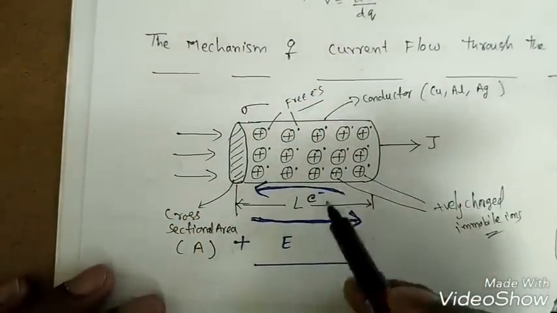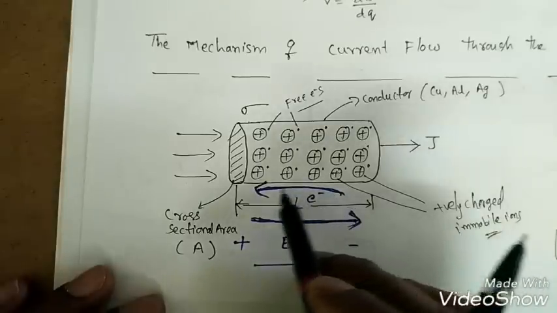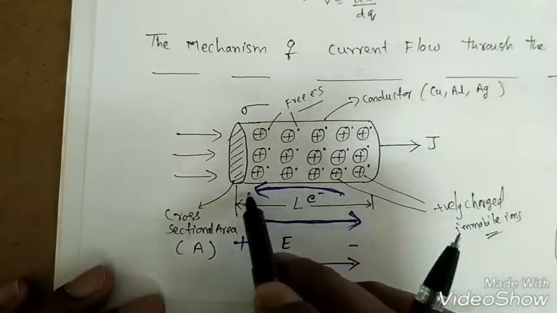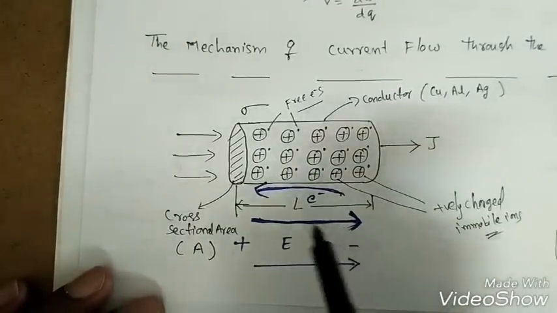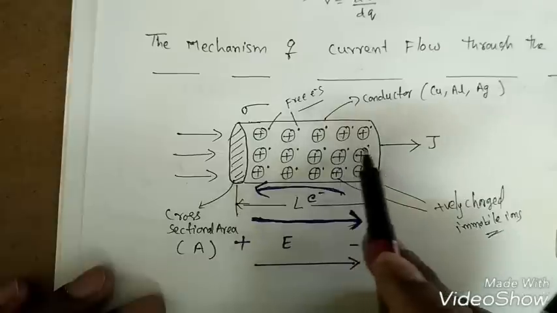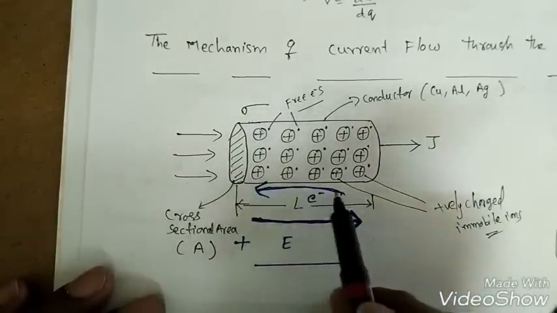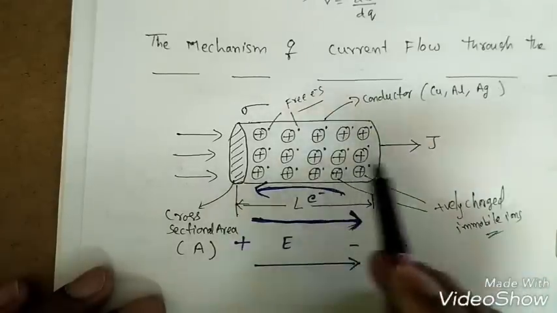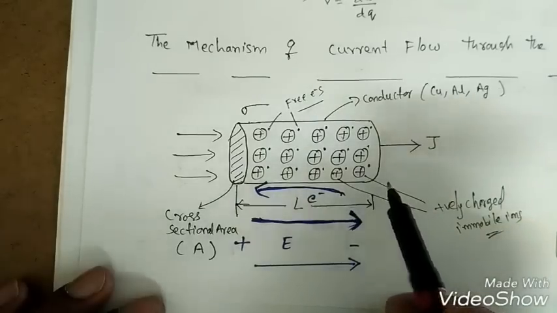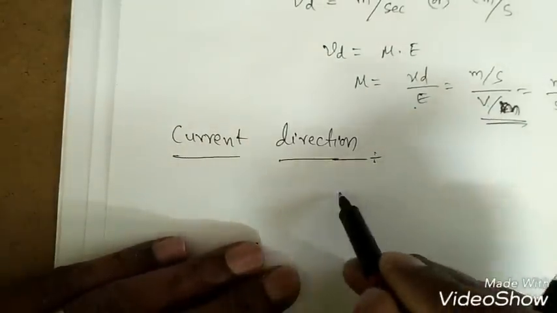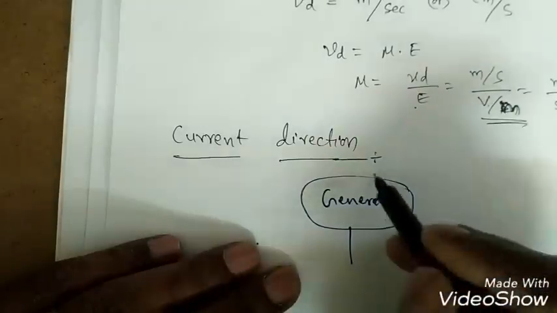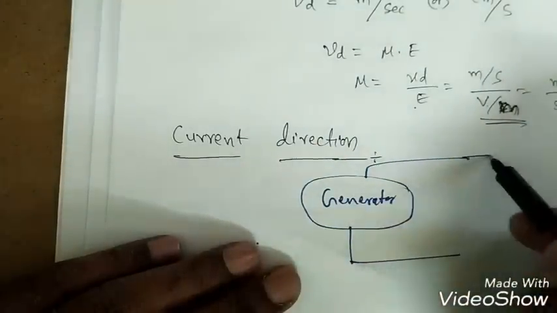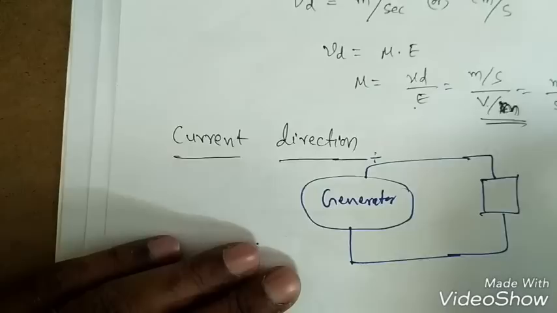Now what is the current direction? Current direction is always opposite to the electron movement, or we can say in the direction of the electric field always, or in the direction of positive charges. So if electrons are moving in this direction, that is negatively charged, the positively charged ions will move in the same direction as the electric field, right? That is the conventional current. In the opposite way, suppose this is a generator generating the electric field, and this is a conducting material, a conductor with conductivity.